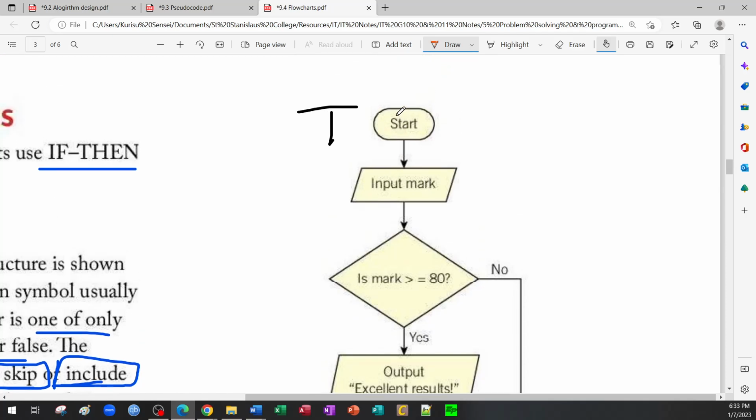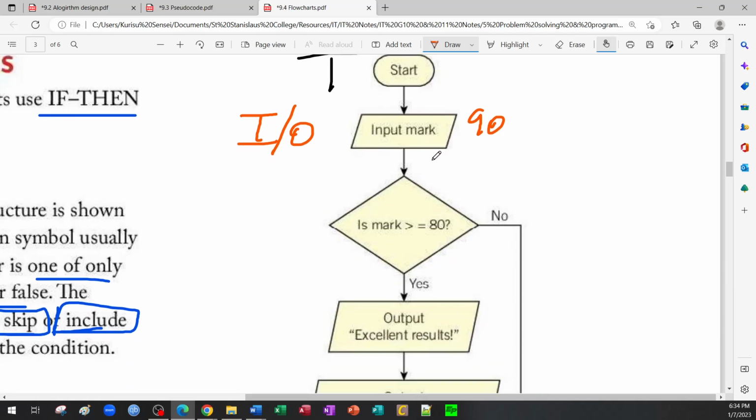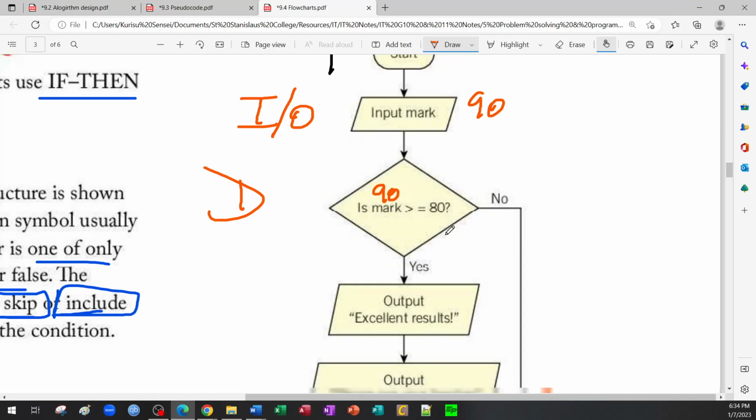So that is why in this example here, the second symbol is to input a value into the variable called mark. So in this case here, I could now enter 90 into that variable. So now when I go through to the decision symbol, I could ask the question, is 90 greater than equal to 80?